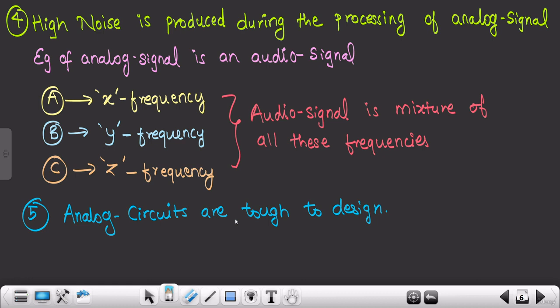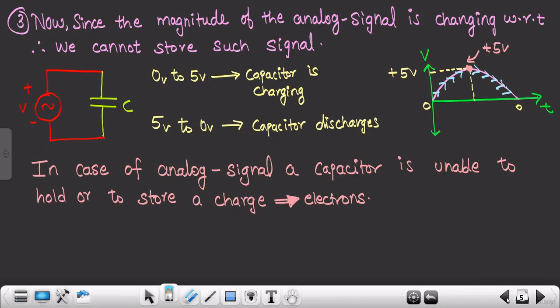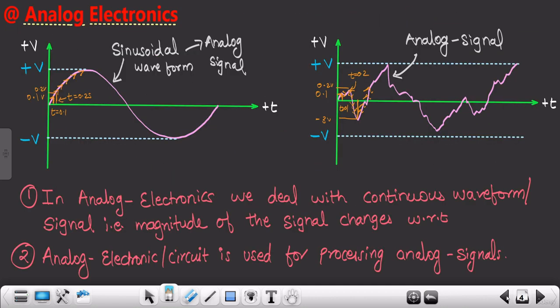Although we get the proper output, it still consumes a huge amount of time and effort. But the scenario is different when it comes to digital electronics. You just need to have a certain logic in your mind, and you can easily implement it with the help of digital electronics. That's why it is said that analog circuits are tough to design. I hope you understood this.